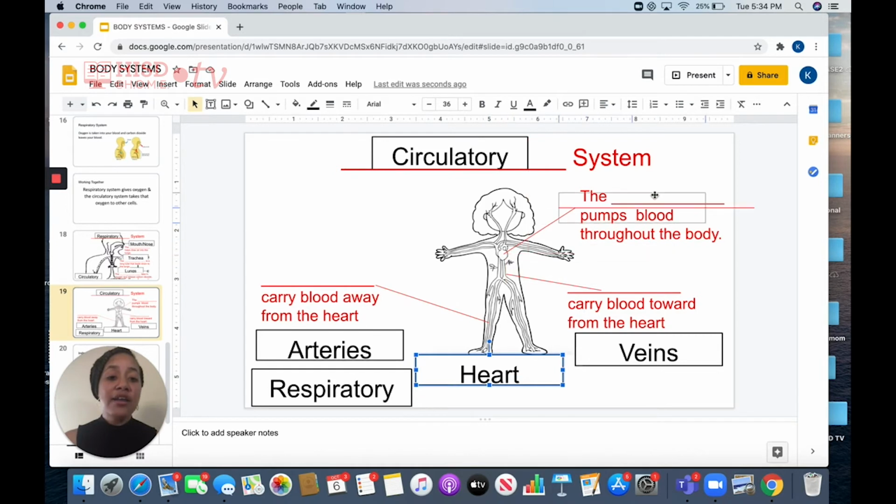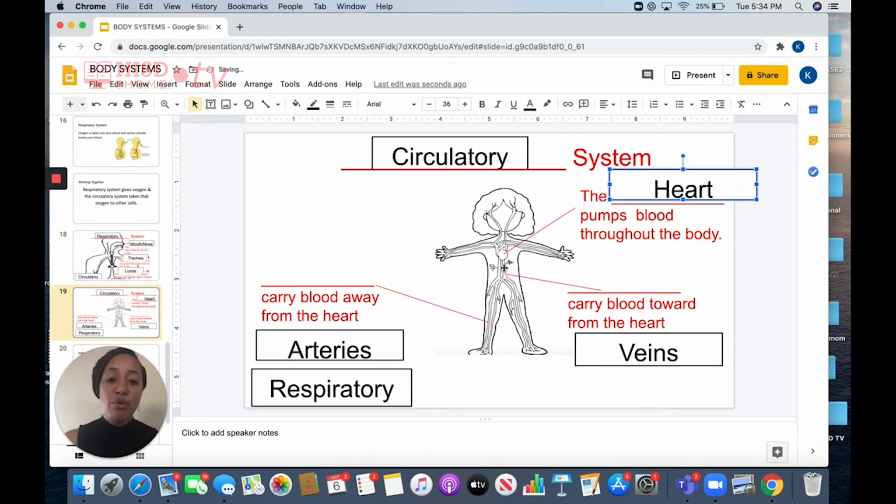The heart pumps blood throughout the body. And it's pointing to the heart right here. The next one says carries blood away from the heart. So do arteries carry blood away from the heart, or do veins carry blood away from the heart?